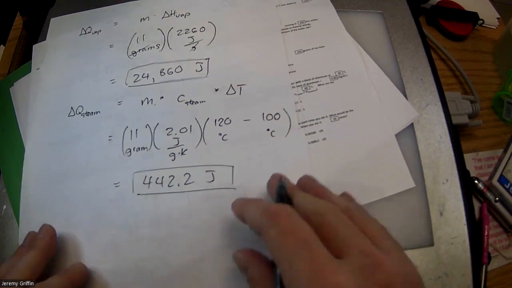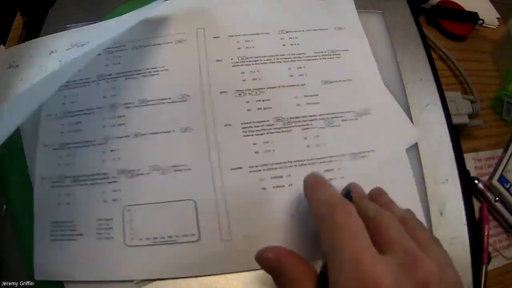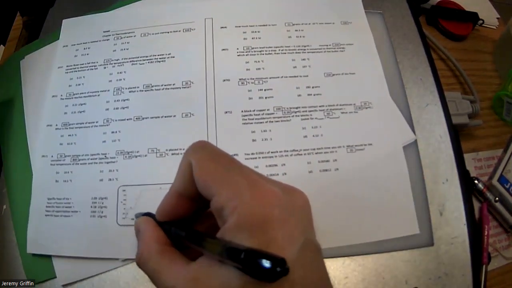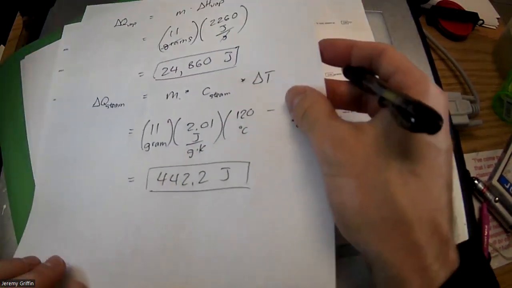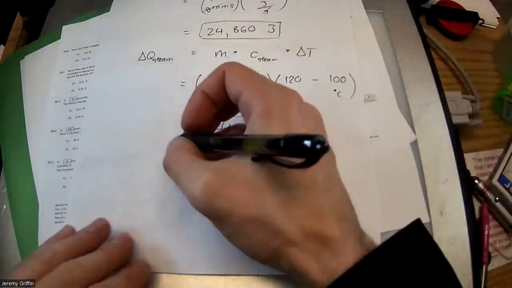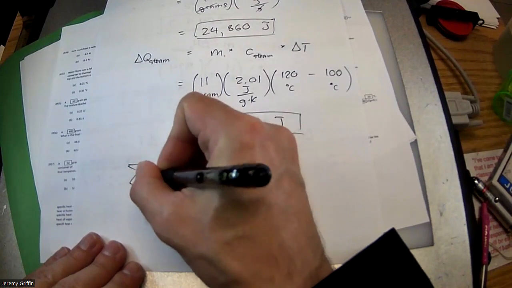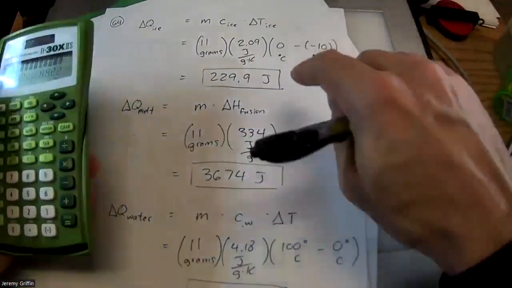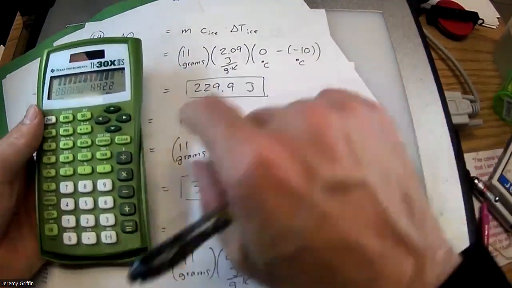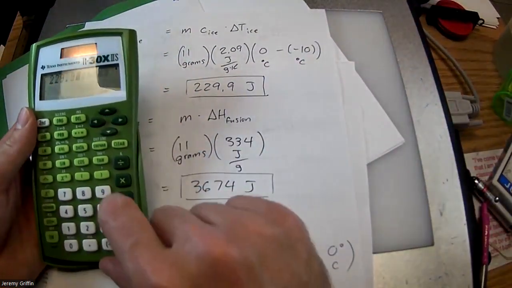So now we've got to add up how much energy each part took. We're slowly progressing to the right of this graph. A little bit, a little bit. And my 5 numbers are here. I'll say the sum of the delta Q's is, and I'll just add them on my calculator screen. To bring the ice up to the point where it started melting, that was 229.9 joules.